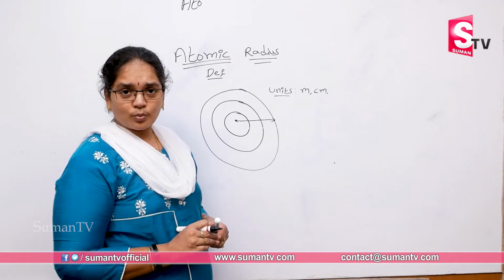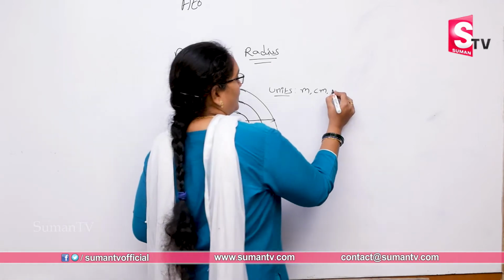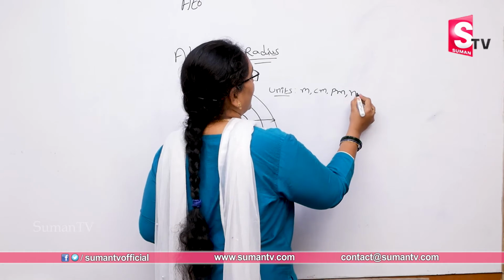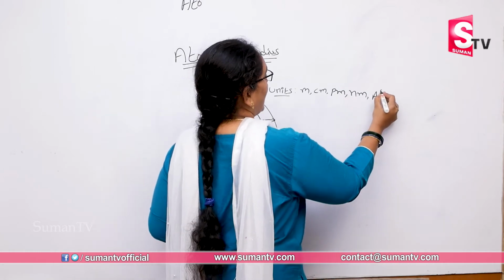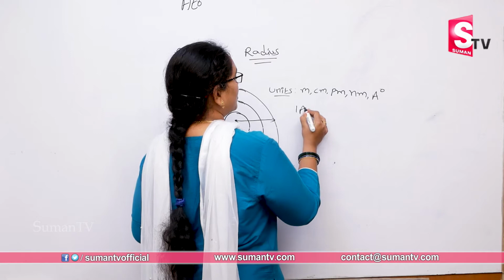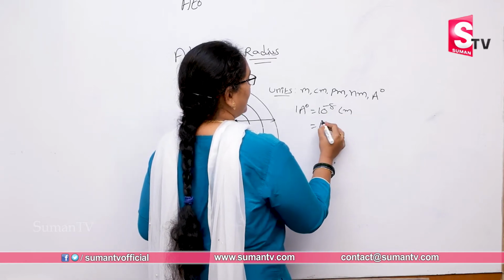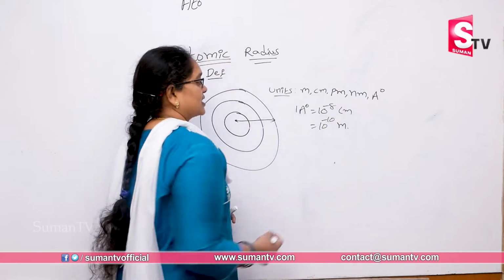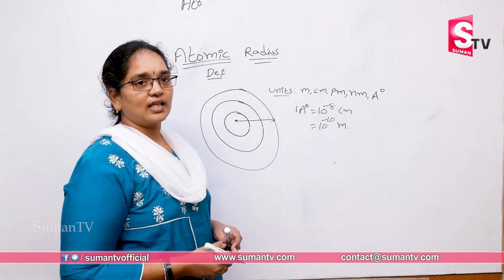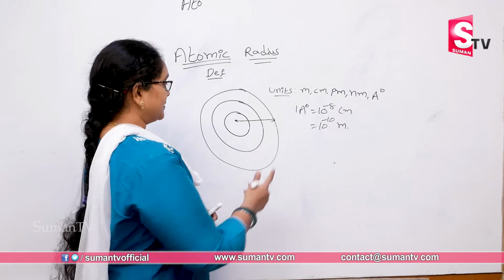To measure such small lengths, we use picometers, nanometers, and the angstrom. 1 angstrom equals 10 power minus 8 centimeters or 10 power minus 10 meters.